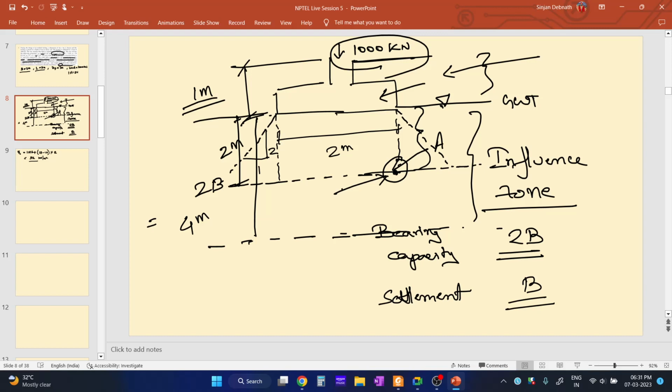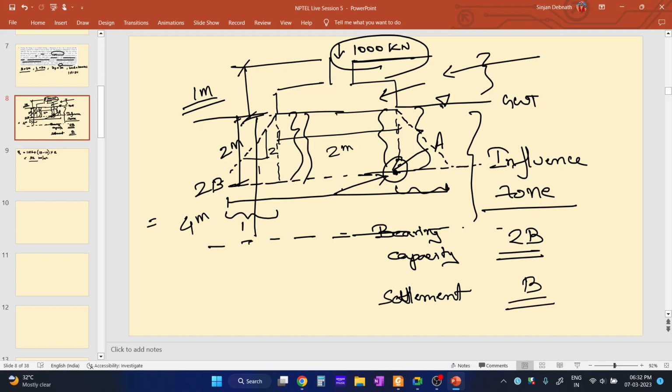Now we need to find out the effective area at this point. What will be the length? We know the breadth of the footing is 2 meter, and the height of this portion is also 2 meter. So what will be the length of this portion? This is 2:1. That means if this portion is 2 meter, this one will be half of 2, that is 1 meter.